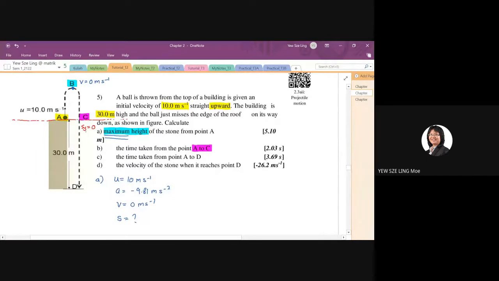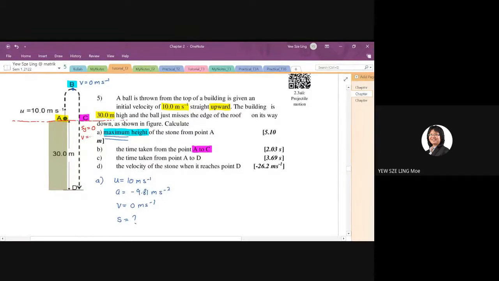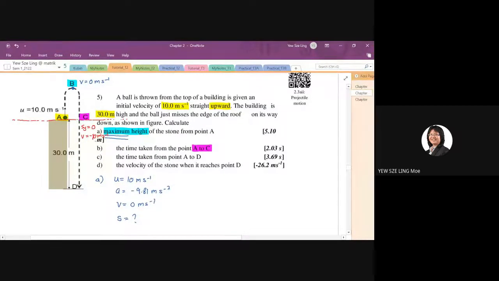Sy means the vertical displacement. And your Vy, or you call it v, equals negative 10 meters per second. How do I know that it's negative 10? Because my Sy equals 0. With Sy equals 0, A and C have the same magnitude of velocity, but they are traveling in opposite directions.